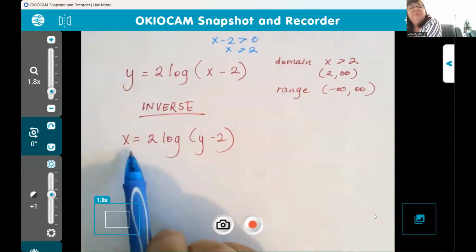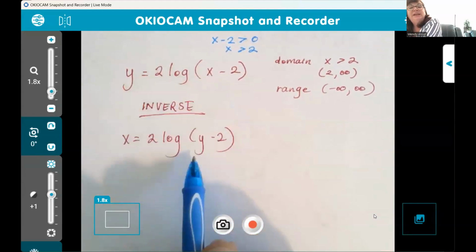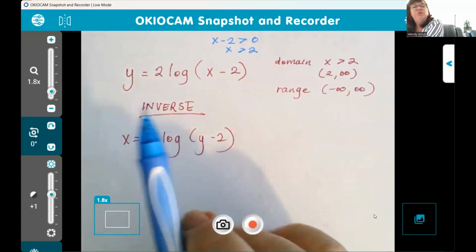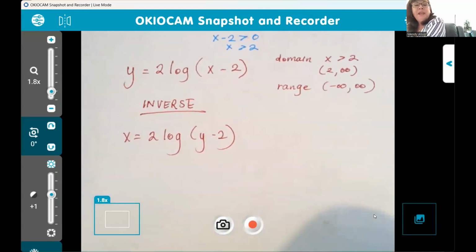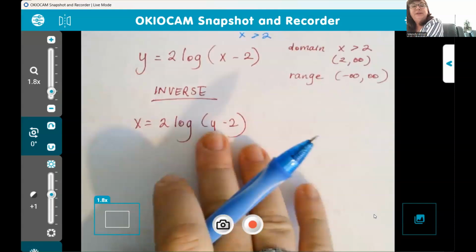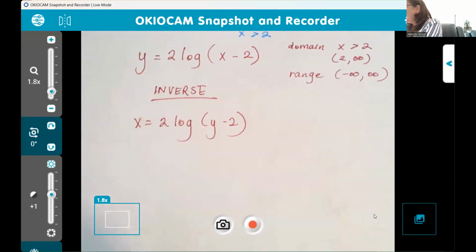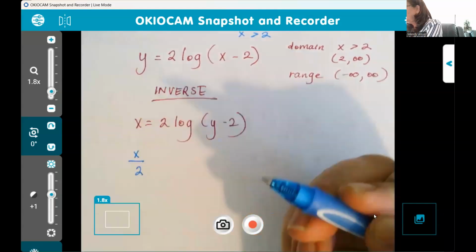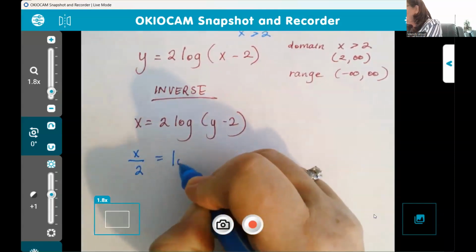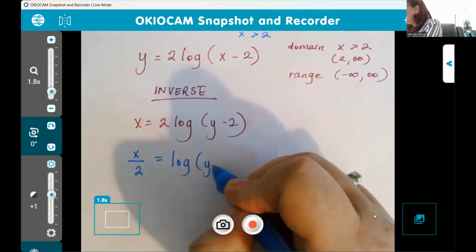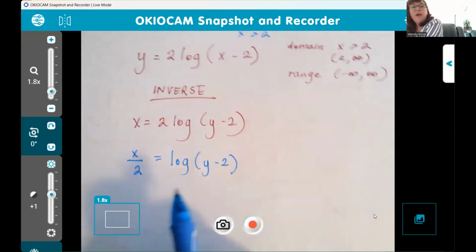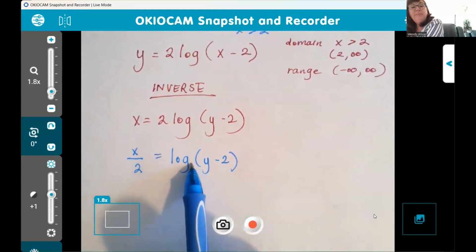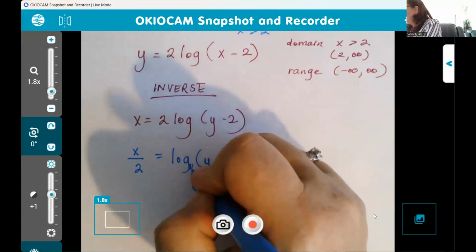So the y becomes the x and the x becomes the y, and now we need to rewrite this and see if we could solve for the y. And the way we do that, first let's move this 2 over to the other side. So I have x divided by 2 equals log of y minus 2. All right, remember, log without a base is log base 10.